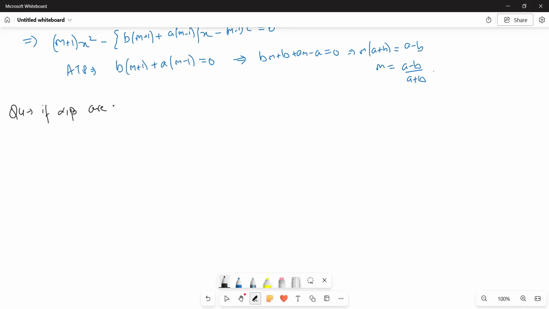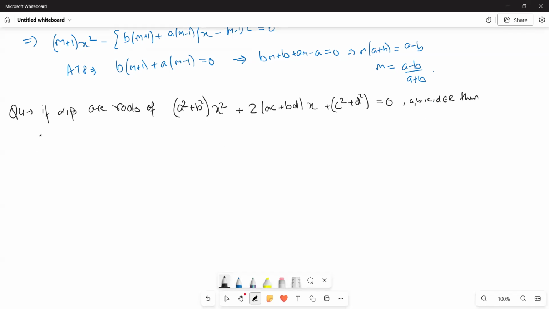If alpha, beta are the roots of (a square plus b square) x square plus 2(ac plus bd) x plus (c square plus d square) equal to 0, where a, b, c, d belong to real numbers, then option A, mod alpha is not equal to mod beta. Option B, alpha is equal to minus beta.